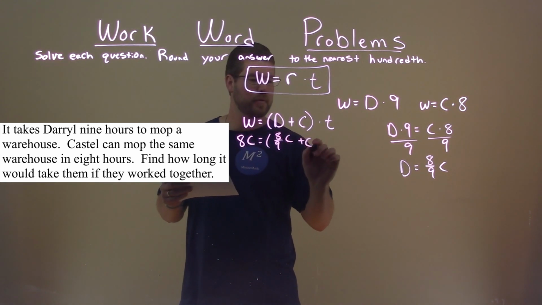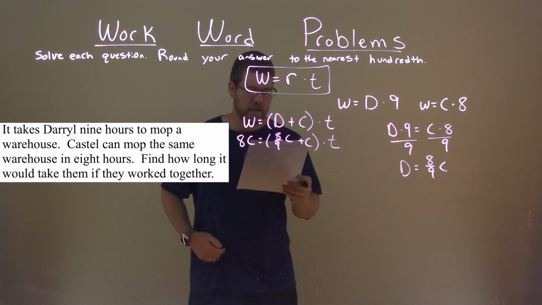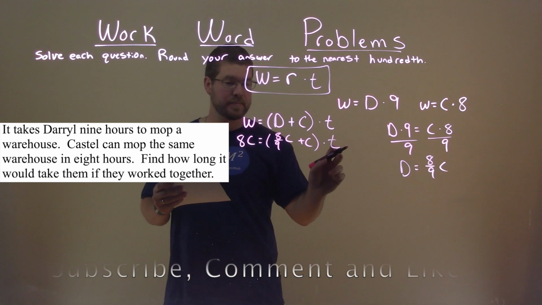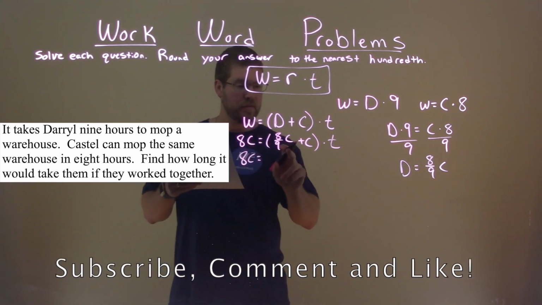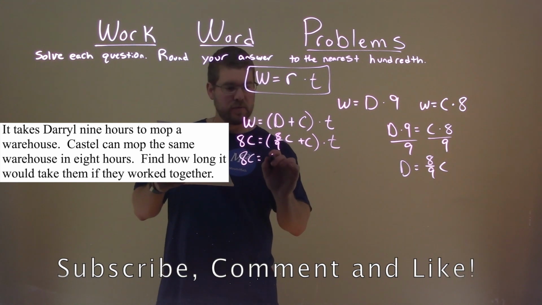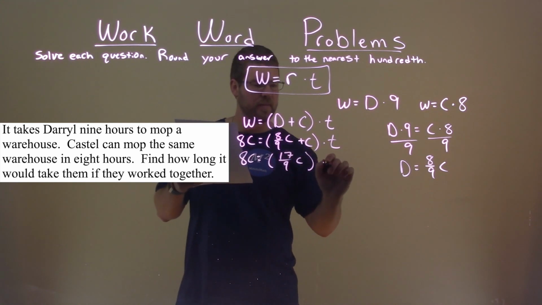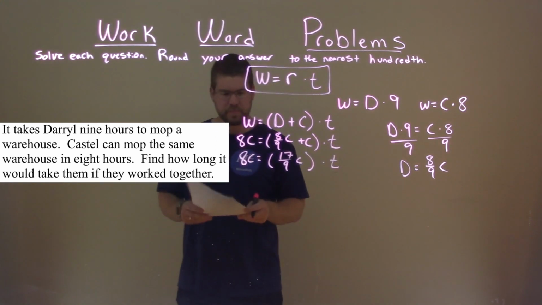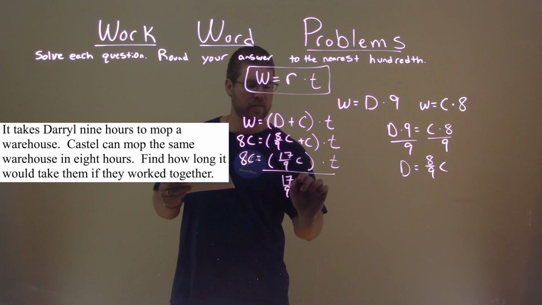We add Castle's work rate to it, and then multiply that by time. So now let's go solve for T. 8C stays here, and 8/9 C plus 1C is equal to 17/9 C, and that's still being multiplied by time. To get time by itself, we divide both sides by 17/9 C.